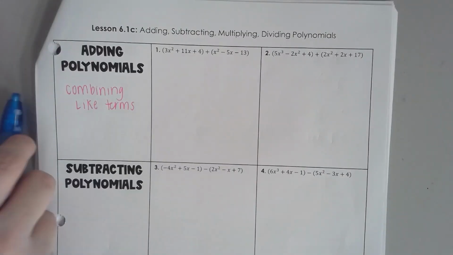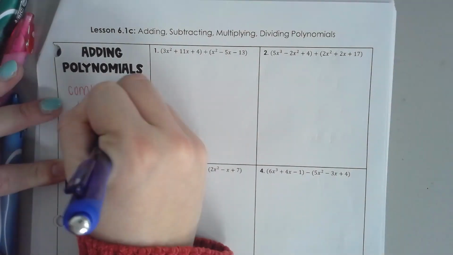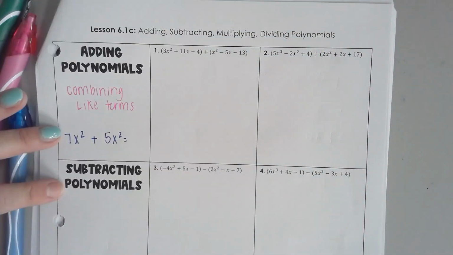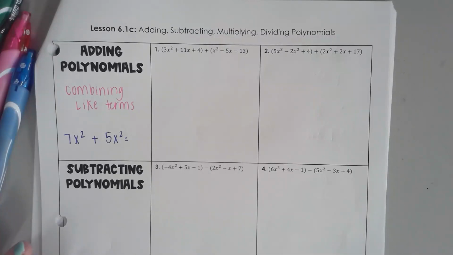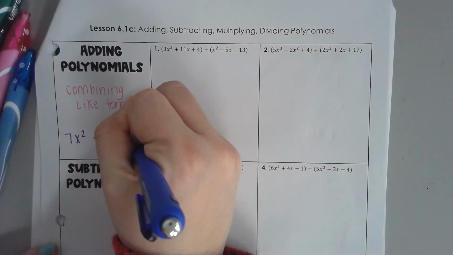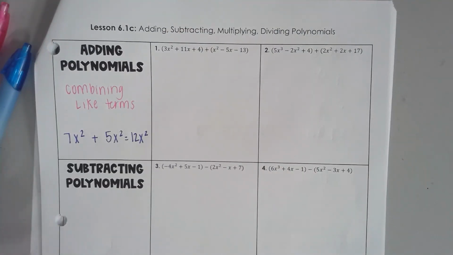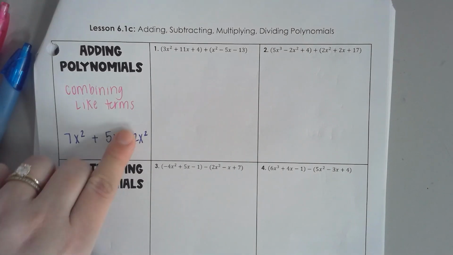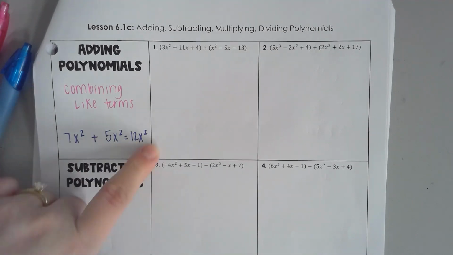You know, for example, that 7x squared plus 7x squared plus 5x is when you add or subtract, you have to have the same variable. You add or subtract those, but the exponents don't change.